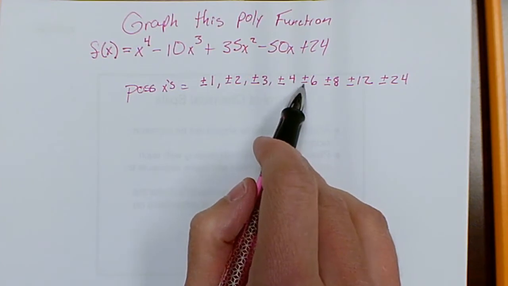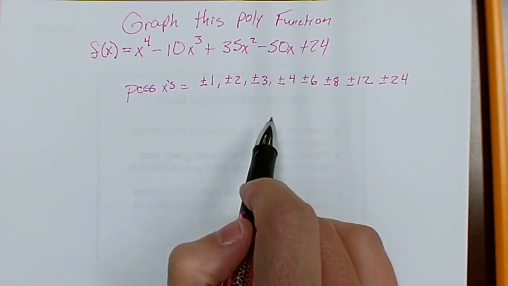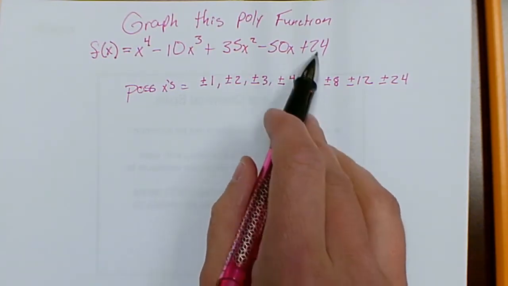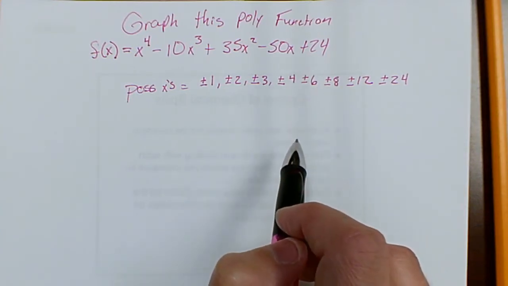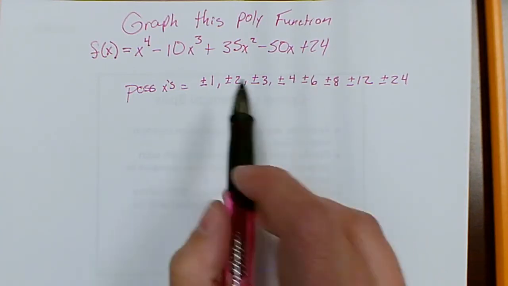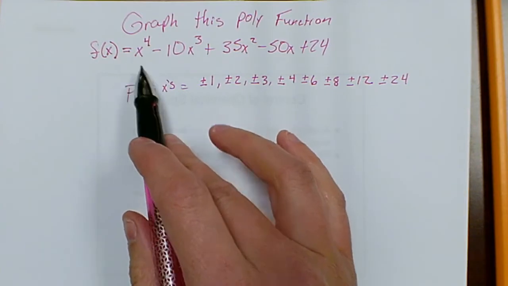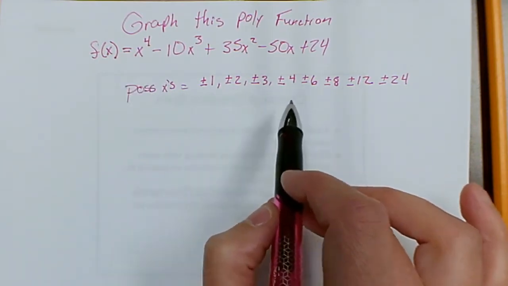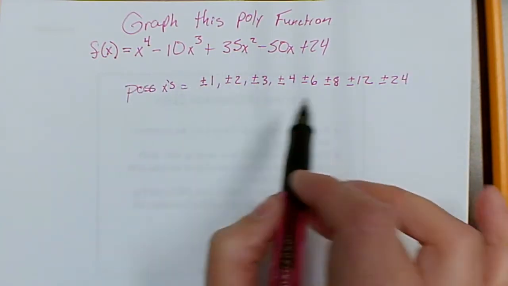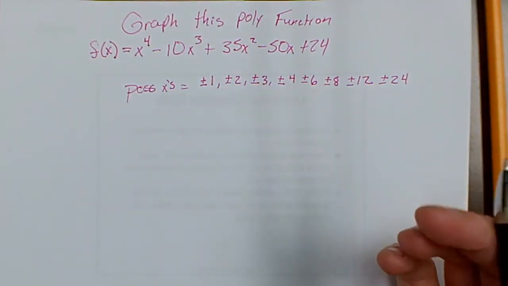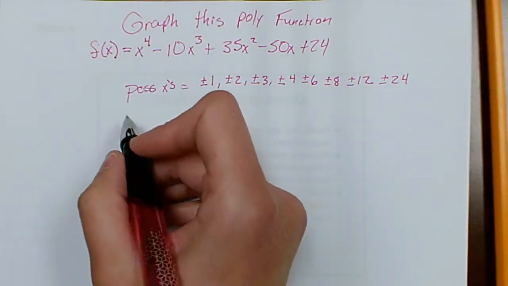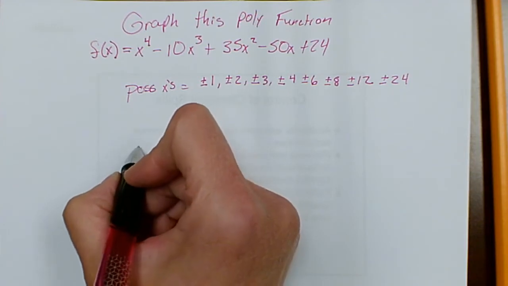For instance, negative 6 and negative 4 will give us positive 24. Positive 4 and positive 6 will give us positive 24 as well. Our leading coefficient is 1, so this would be all over plus and minus 1, which you would still get this list. So let's go ahead and set this up.